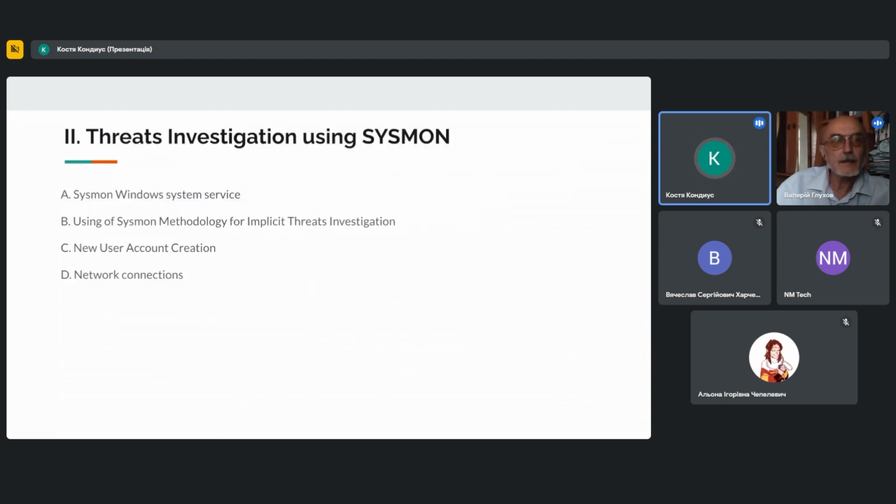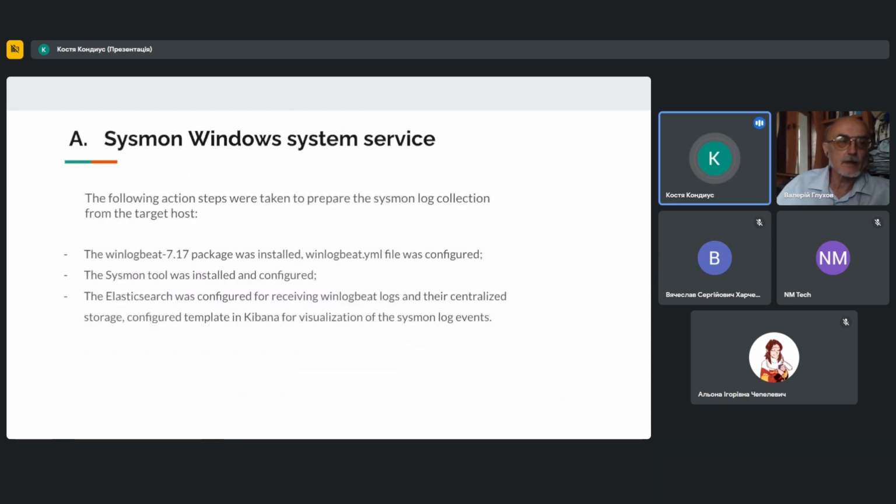So let's go to the next slide, threats investigation using SYSMON. You can see here four parts, which belong to this block. And let's go to the SYSMON Windows system service.